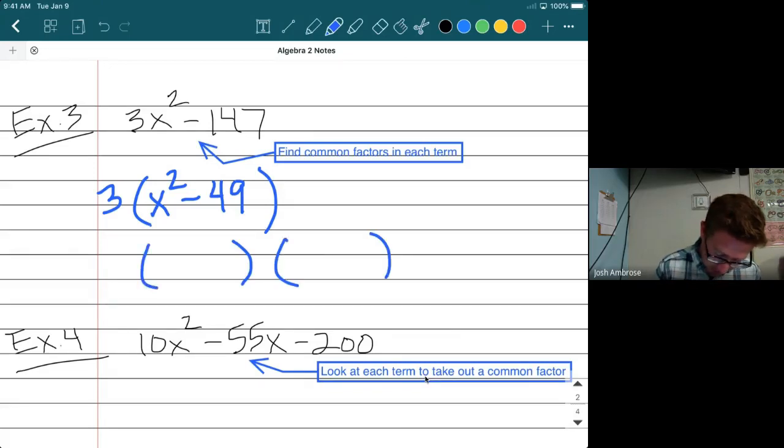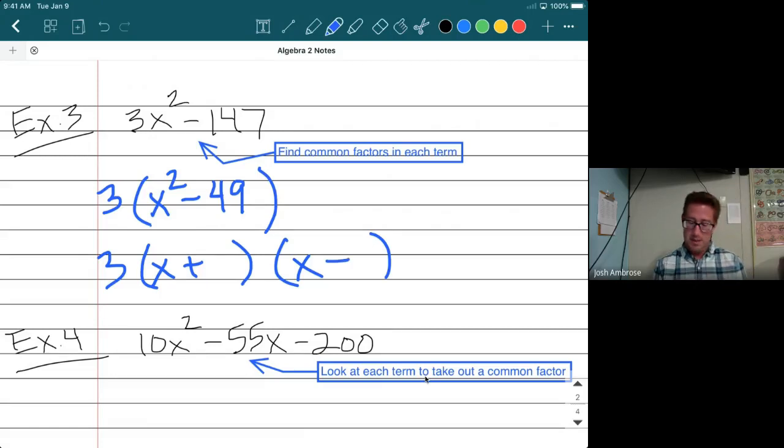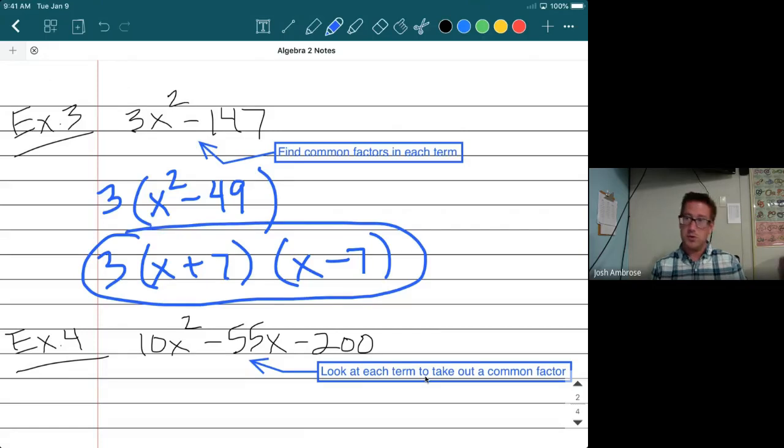Double sets of parentheses, keep the 3 on the outside. That does not just disappear. X squared becomes x and x. What goes in here? Plus and minus. And what does 49 break down into? 7 and 7. All right, that is the answer to example 3.